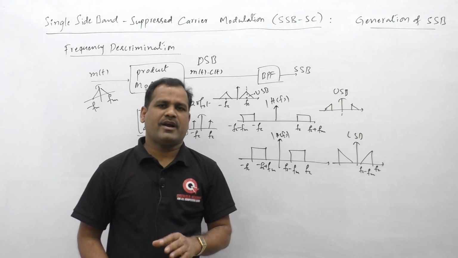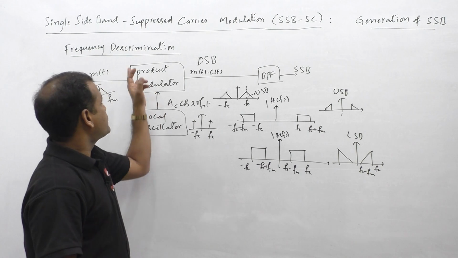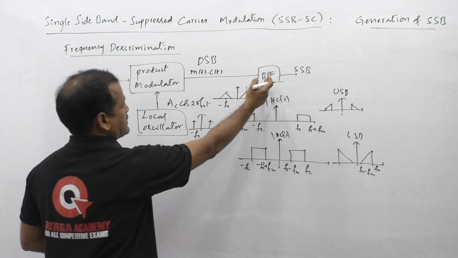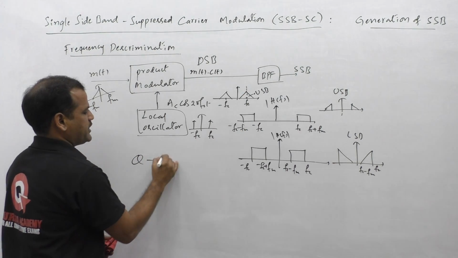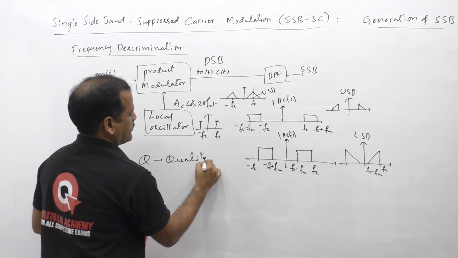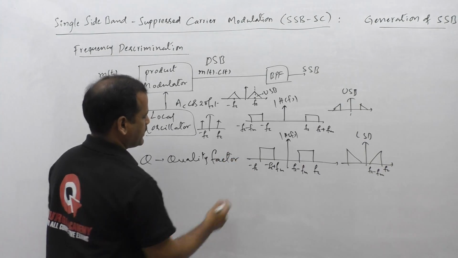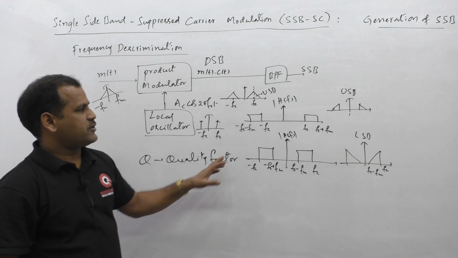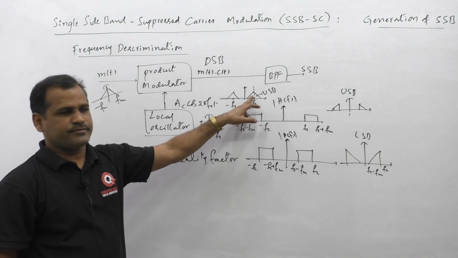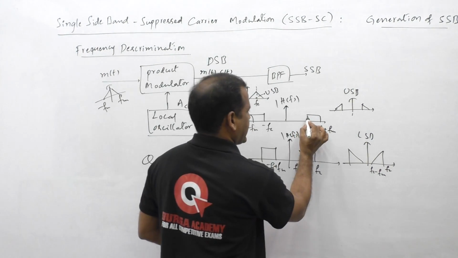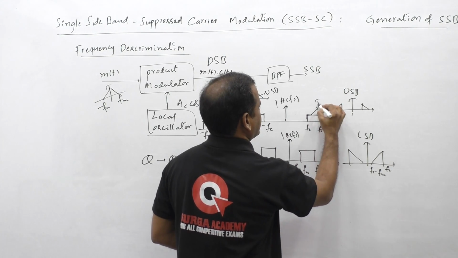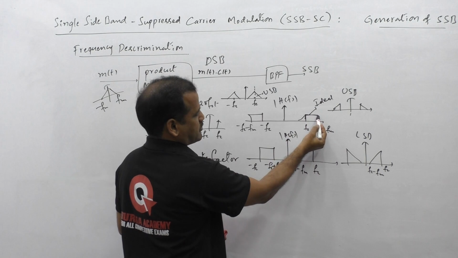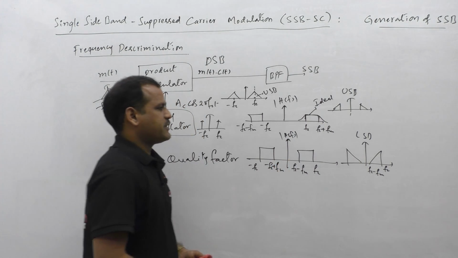But the major drawback of SSB signal generation by the frequency discrimination method is the band pass filters. Even if you consider a quality factor in thousands, it is very difficult to attenuate the unwanted sideband here, because these are the ideal characteristics of a band pass filter, but practically we have a slow transition like this.